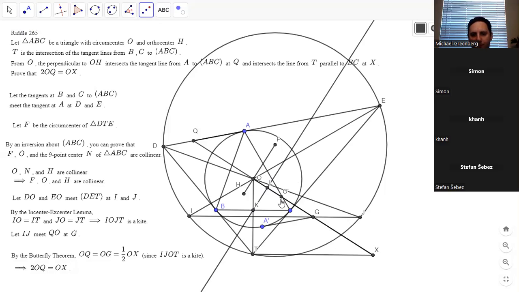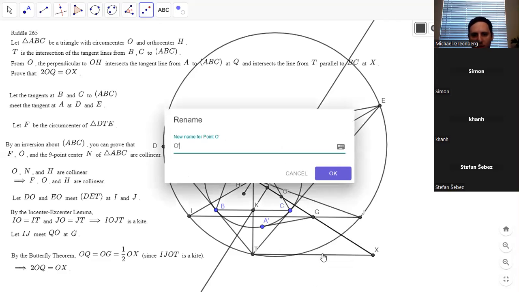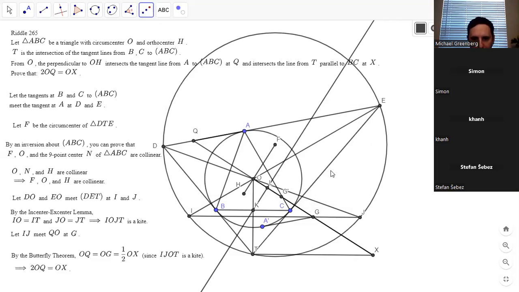So we would now want to show that A prime O is perpendicular to OX, because inversion preserves angles in the opposite way. So if we want to show that GA prime O is 90, then we want to prove that OG prime A prime is 90. And that basically means that we want to show that A prime G prime is parallel to OH.